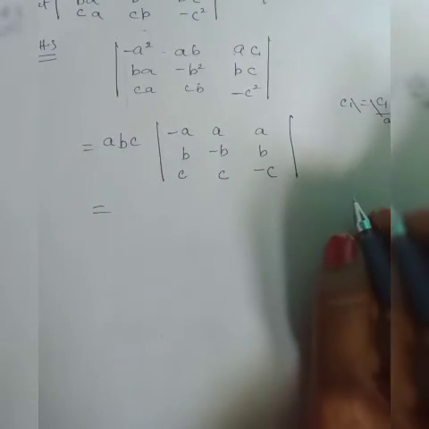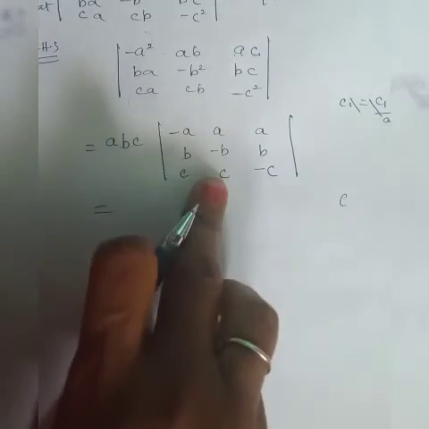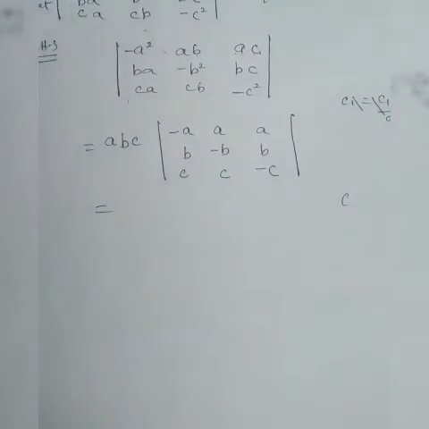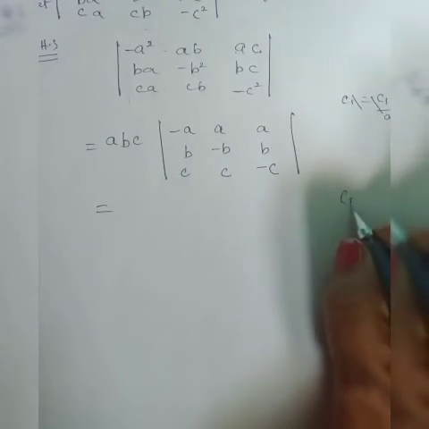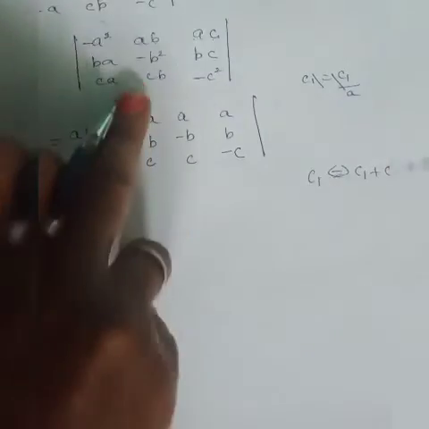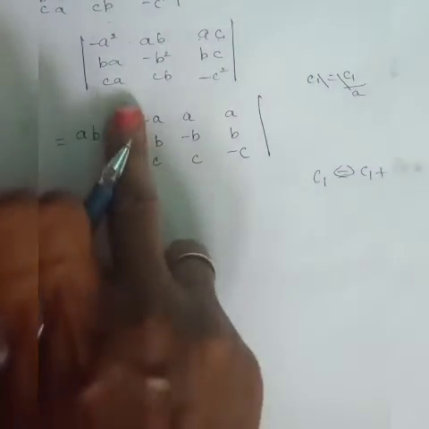Here we can do the column operation or row operation, because they are somehow similar. What I am going to apply here is to add column 1 with column 2, and then put it in column 1. That is, C1 is equal to C1 plus C2. After adding column 1 and column 2, let me put it in column C1.